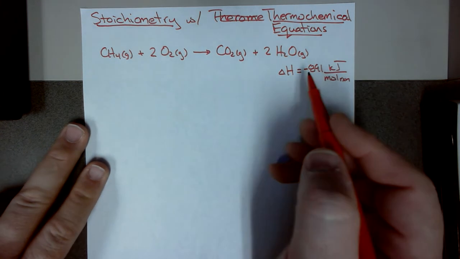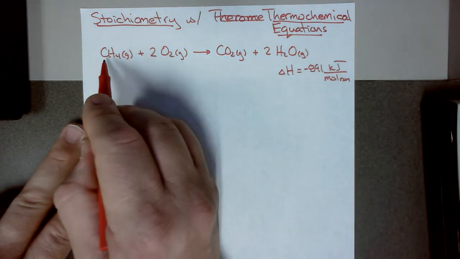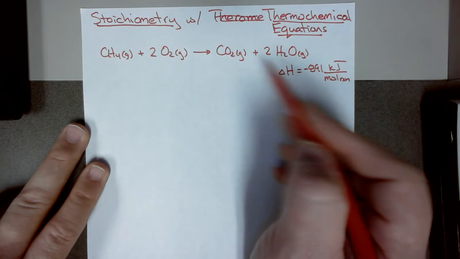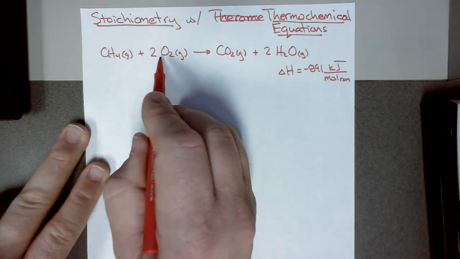Okay, so that means 891 kilojoules if you burn 1 mole of methane, 891 kilojoules if you use 2 moles of oxygen, and so forth.